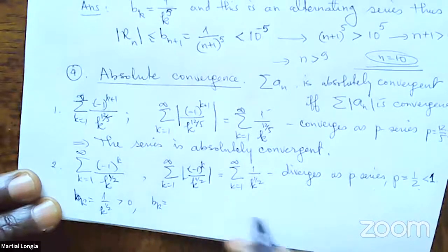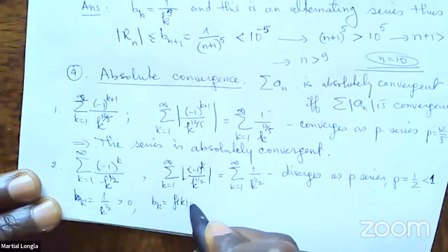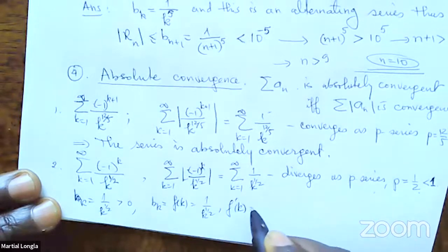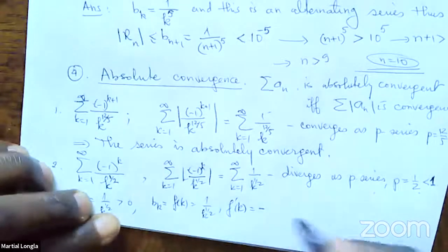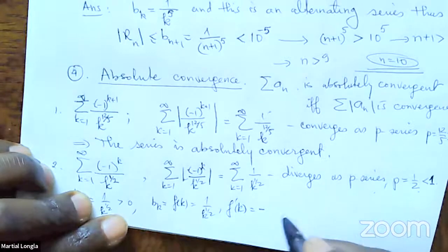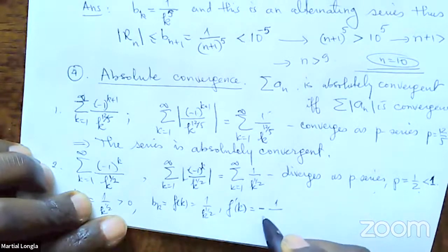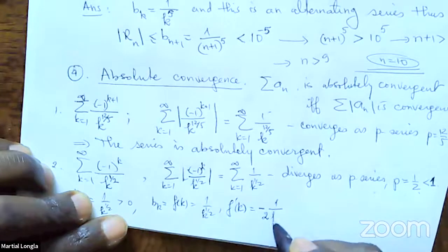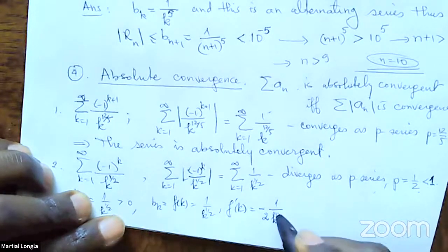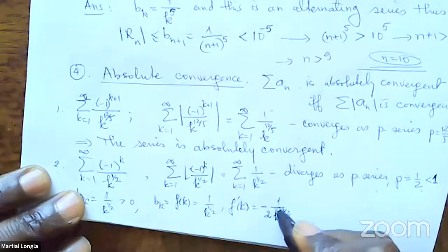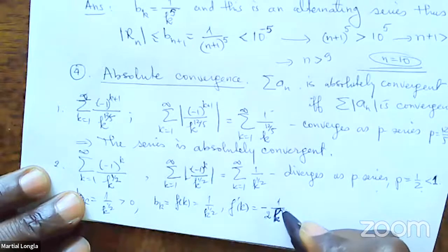Bk is f of k equals 1 over k to the 1/2, and you take the derivative f prime of k: it's minus 1/2 over k to the 3/2.